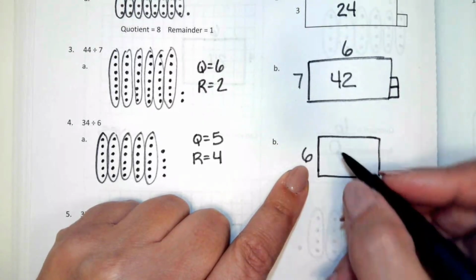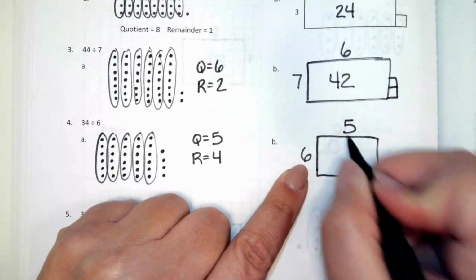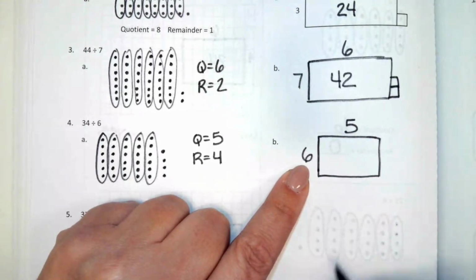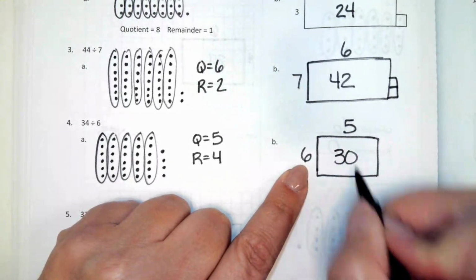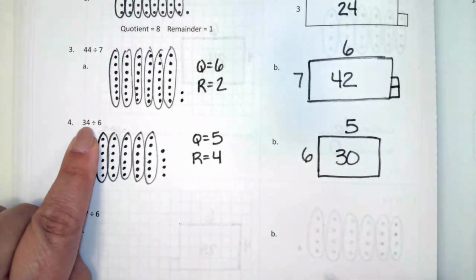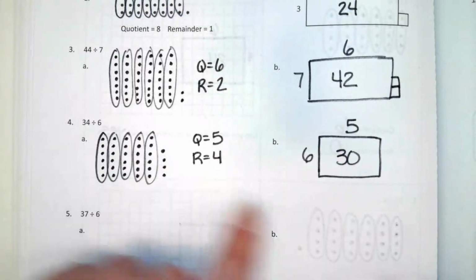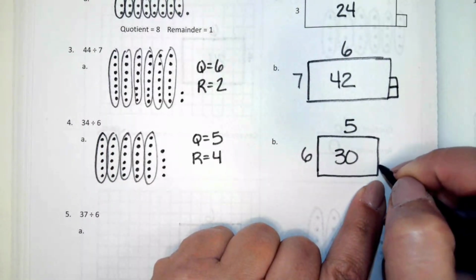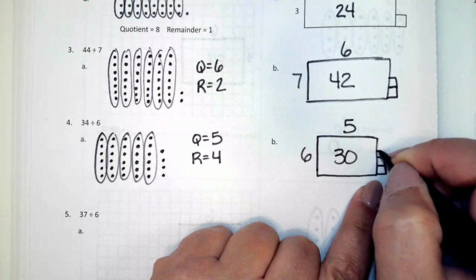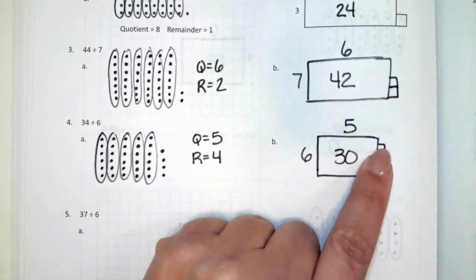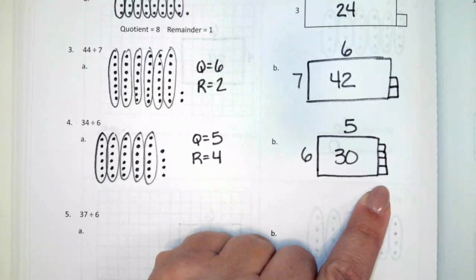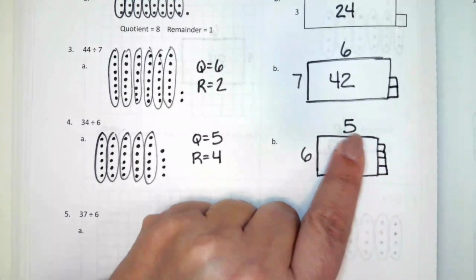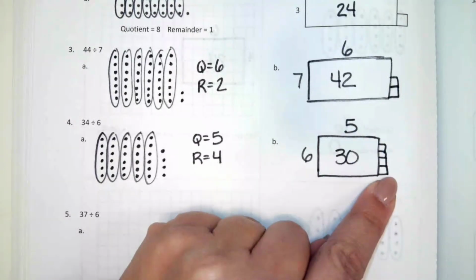Count by 6s or think of your 6 facts. 5. Put 5 on top. 6 times 5 equals 30. We need to get to 34 though. So on the side, we're going to put small squares, 4 more to get to 34 in all. The quotient is 5, the remainder is 4.